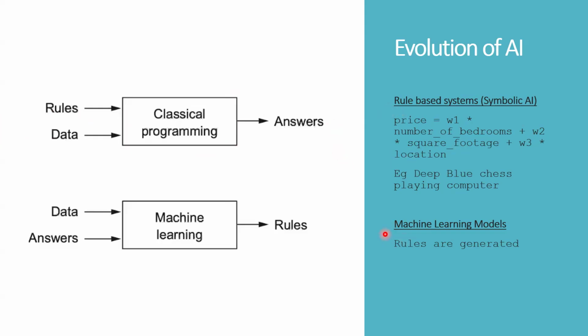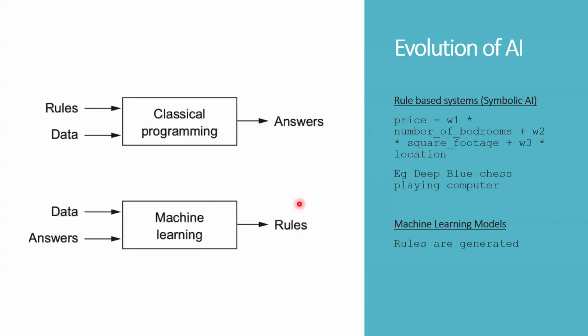But these days, we make use of machine learning models. So how are they different? They are different in that we pass only the data, like the number of bedrooms, square footage, and location of various houses. And we also tell the machine learning algorithm what the prices of those houses are. We say P1 is the price for this house, P2 is the price for the 3 BHK, 100 square feet, with location score equal to 4.